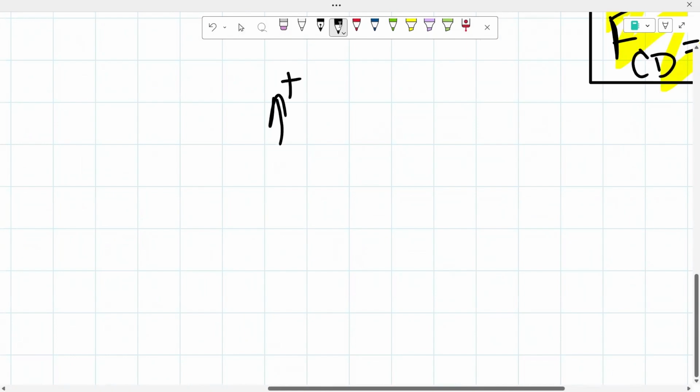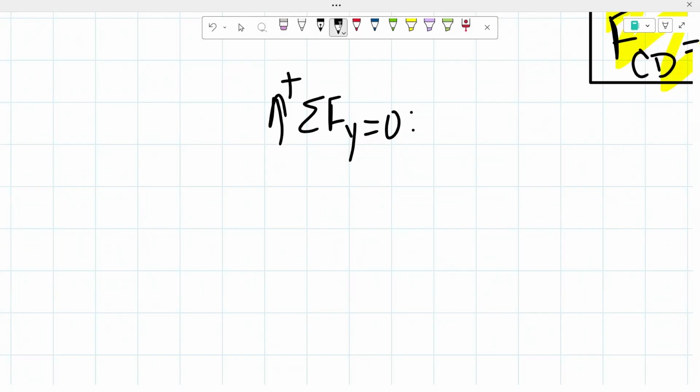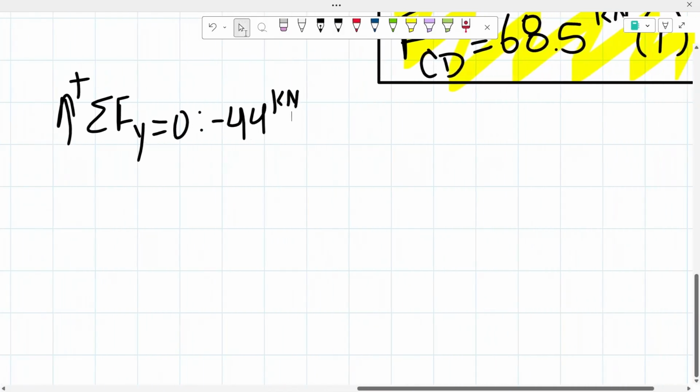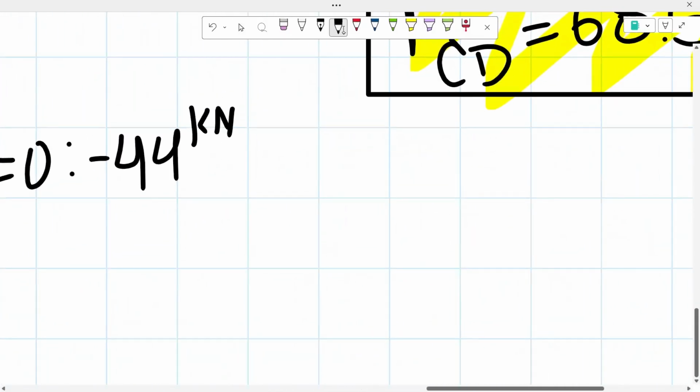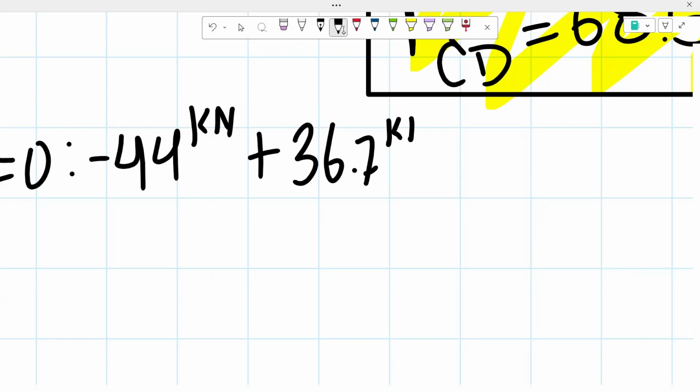So upwards positive, the sum of our forces in the y direction has to equal 0. We have our negative 44 kilonewtons. Since our 44 kilonewtons are going downwards, that means they're negative, plus our reaction that is going upwards, that's why it's positive, 36.7 kilonewtons.